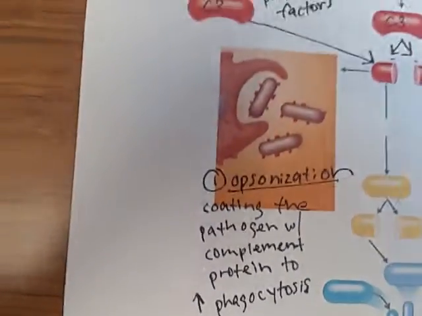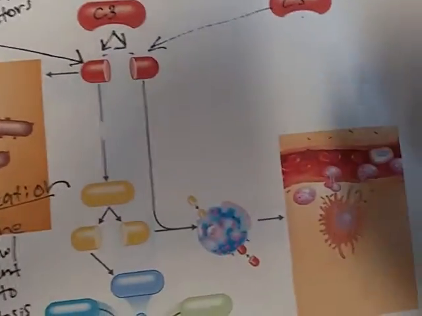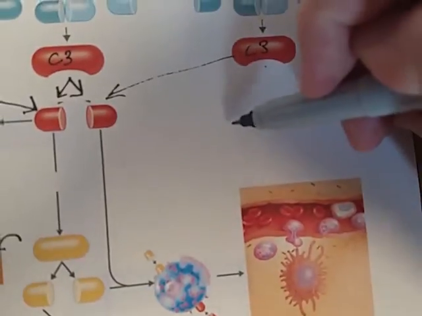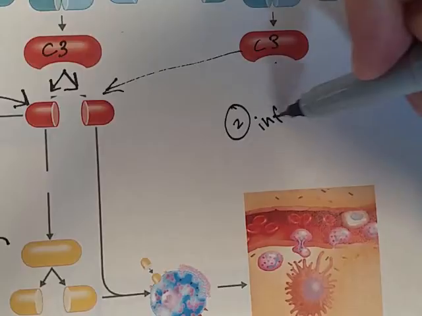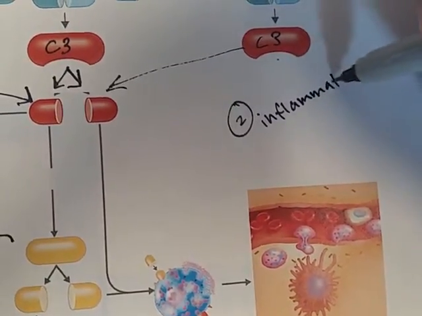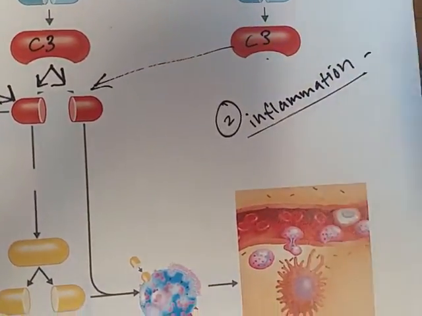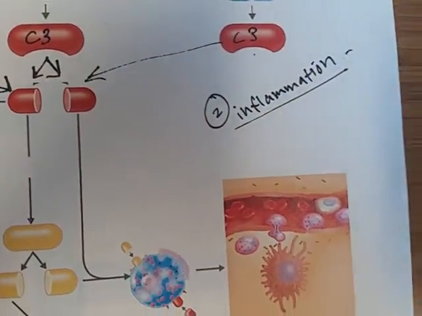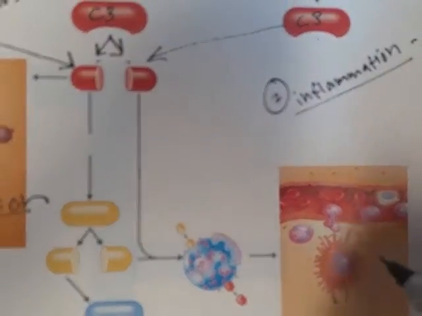So another thing that can result as an activation of this complement system is inflammation. So I'm just going to write that here at the top. So second result of activating the complement system is inflammation. So in inflammation, we're going to see that the complement proteins are going to cause these cells called mast cells to release histamine.